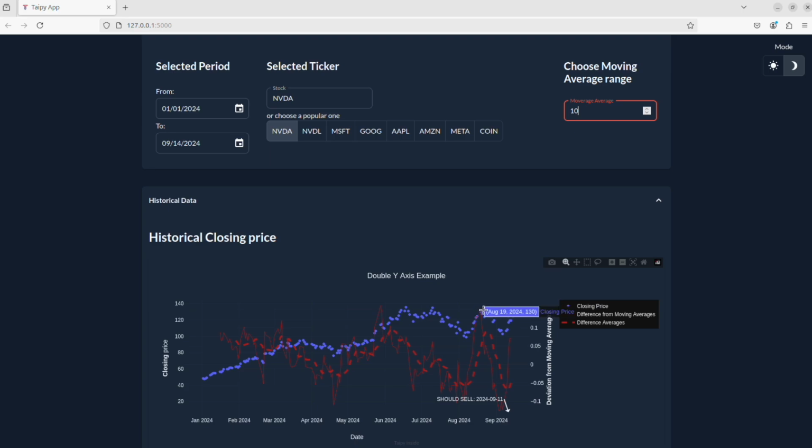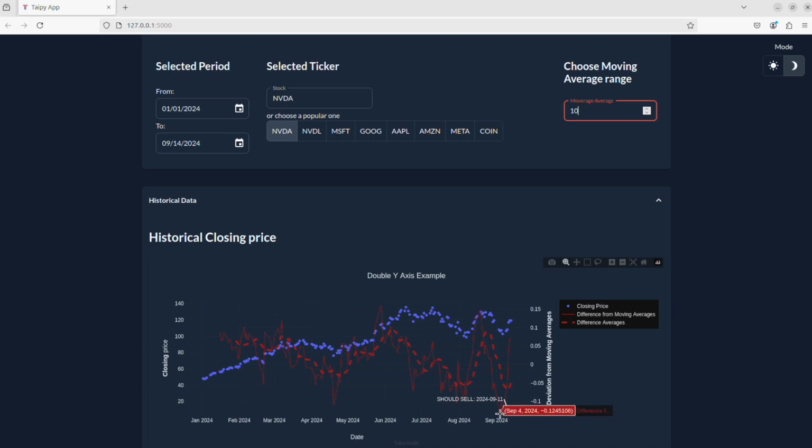So the guy bought at $118, let's assume he's a risk taker, and held it up until here, more like a longer swing trader. He held it until this day, August 19th, at 130, when this red spike line went all the way up to 17% from the average. So therefore, he still made money, right?